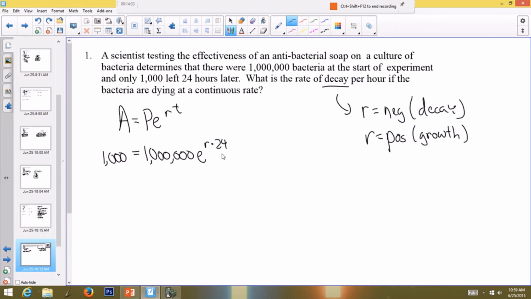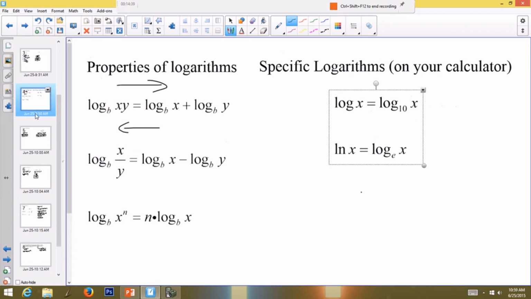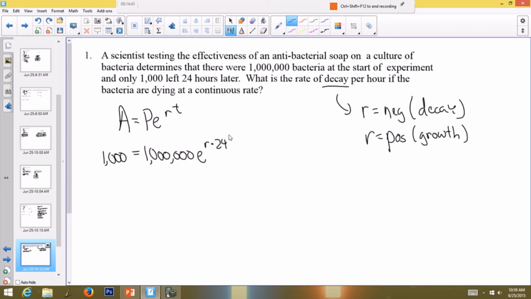The first thing I want to do to solve this is take the natural logarithm of both sides, so I can use this property here to bring that exponential expression down in front. I'm trying to solve for r, so I need to be able to access that. But before I can do that, I need to get rid of this coefficient, so I'm going to divide both sides by 1 million.